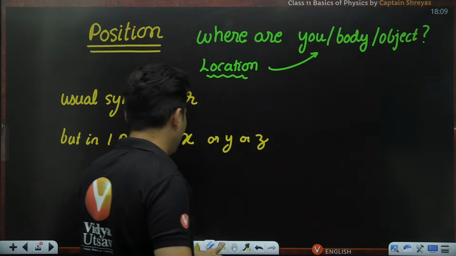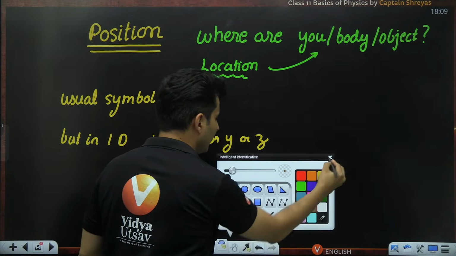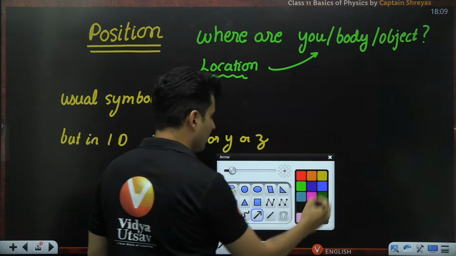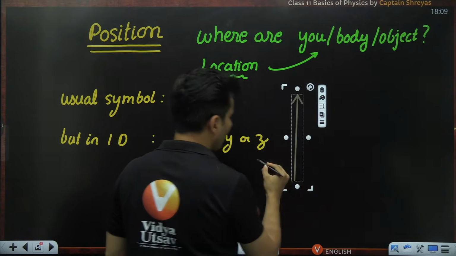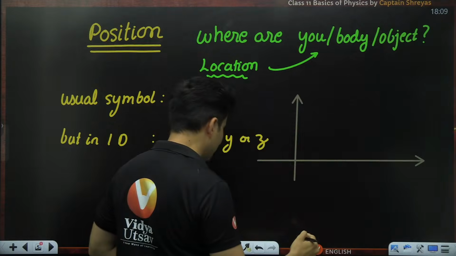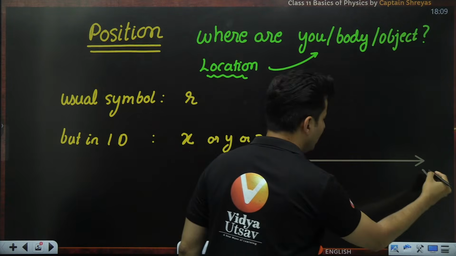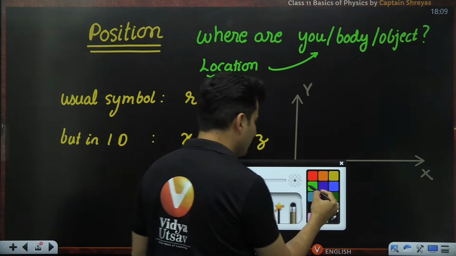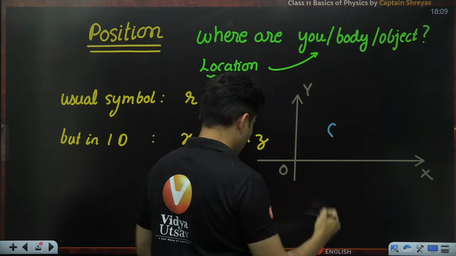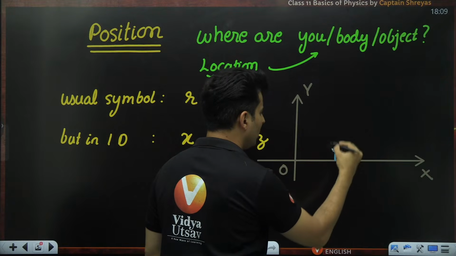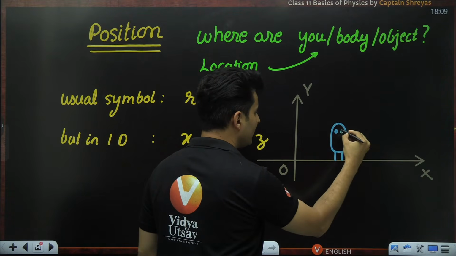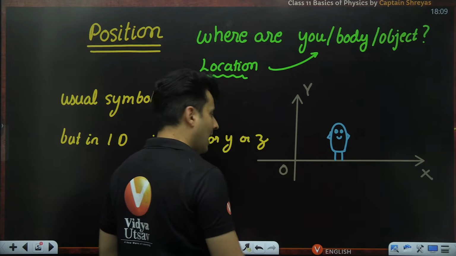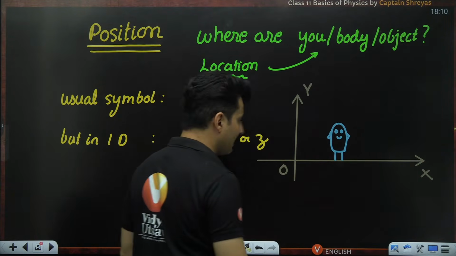For example, imagine this is your x and y axis. The z axis can also be drawn, but I've just shown the x and y axis for now. Imagine there is a Pandu. Who is Pandu? Pandu is our friend. He helps us understand physics very nicely. This Pandu is over here, standing on the x axis.